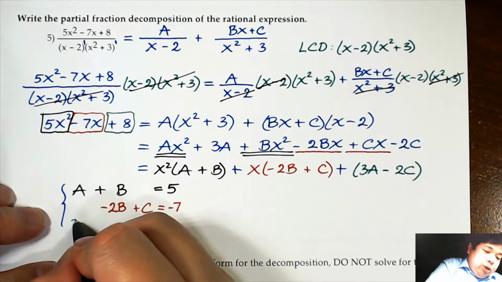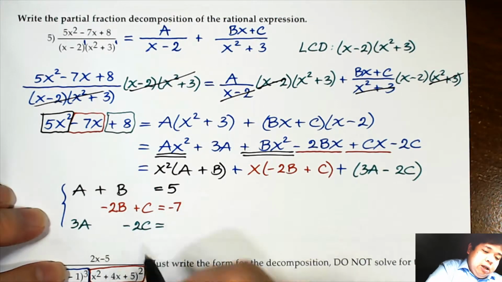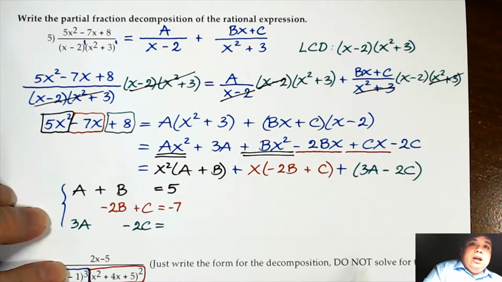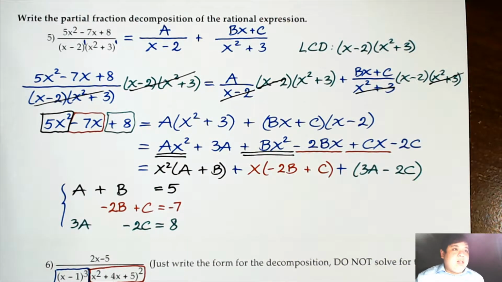And then we have 3a minus 2c equal to 8. Right. So this is the system of equations. We're going to put this in the matrix and then use the calculator to solve for it.